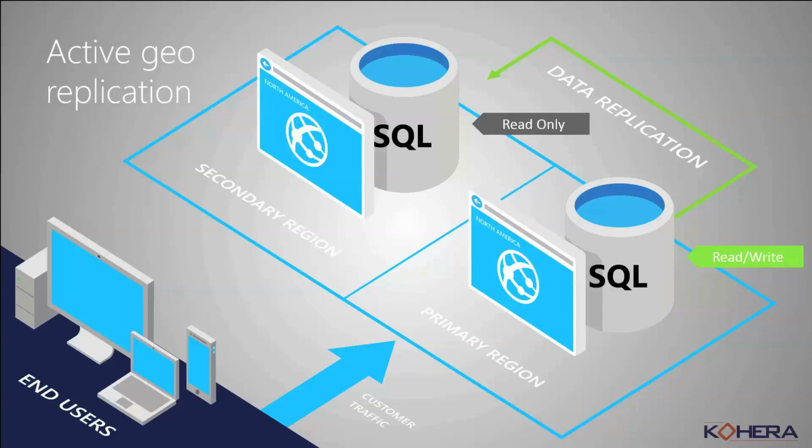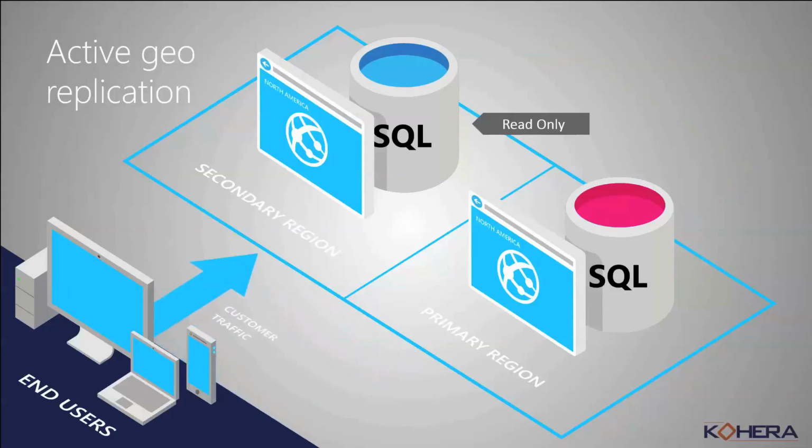Go figure. There's a little bit of a geography issue there. But if that primary region would fail, automatically your code will be transferred to the secondary region, and your database will also be automatically failed over to that region. So the cool thing is that you don't have to do a lot of work there. It will automatically be moved over, and the only thing that you can see is a little bit of latency at the moment of failover.